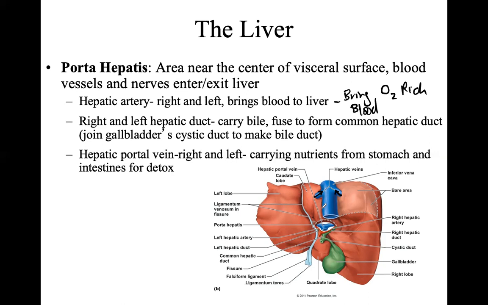At the liver, you also have this kind of centralized space where all of the blood vessels and nerves enter or exit your liver, called the porta hepatis, which is depicted right here. So that's your porta hepatis.